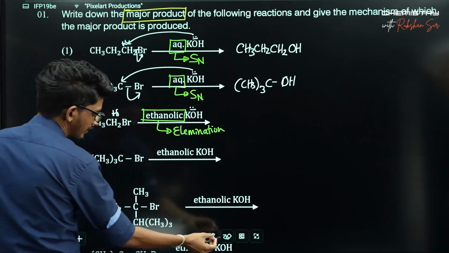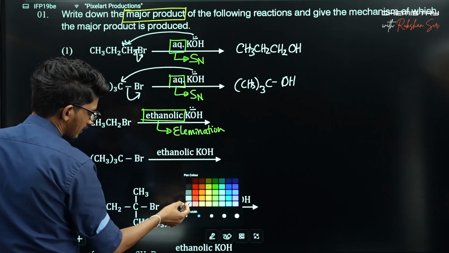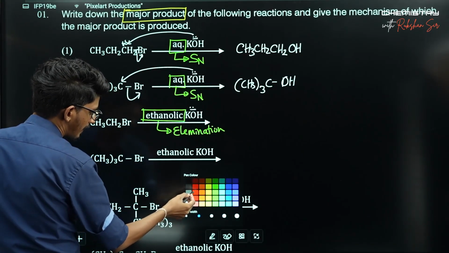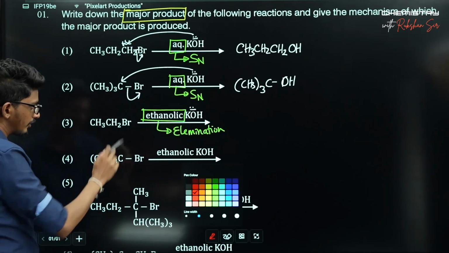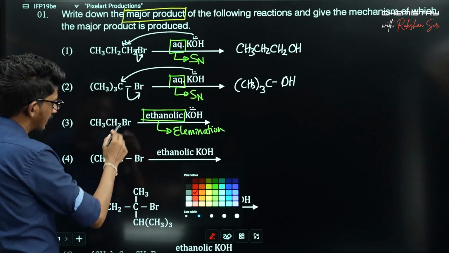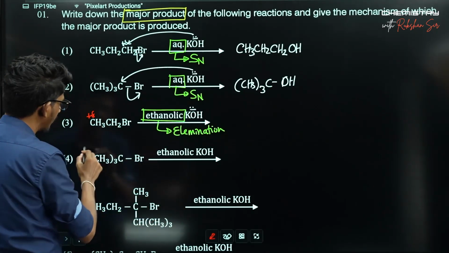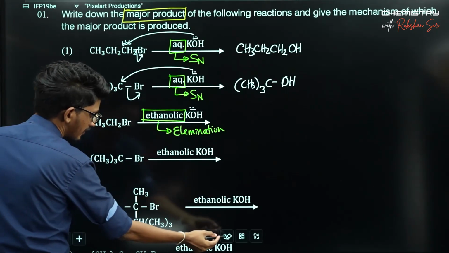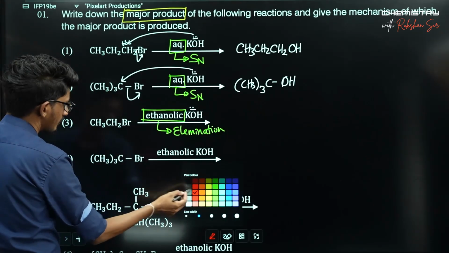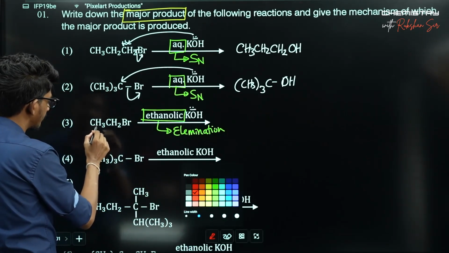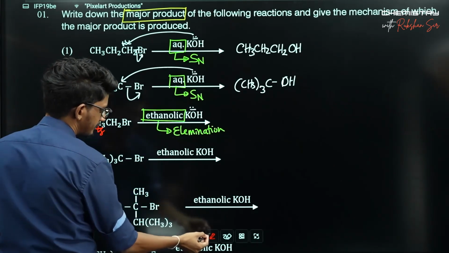Not that hydrogen, but the hydrogen on the adjacent carbon of the carbon bearing the bromine. So not to this carbon but to this hydrogen, the attack will occur, and that thing will leave ultimately.